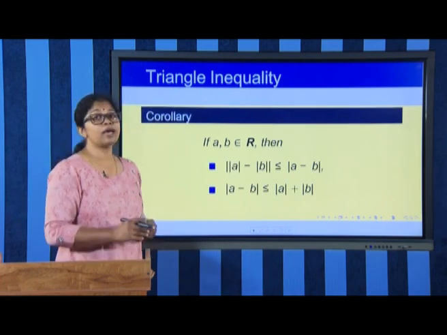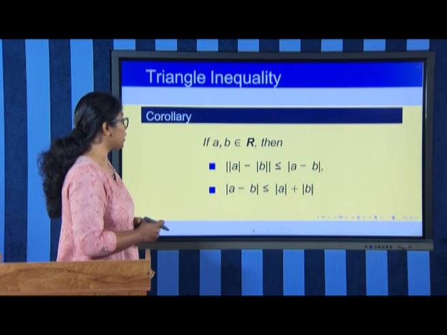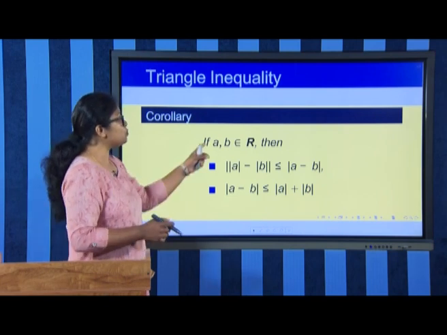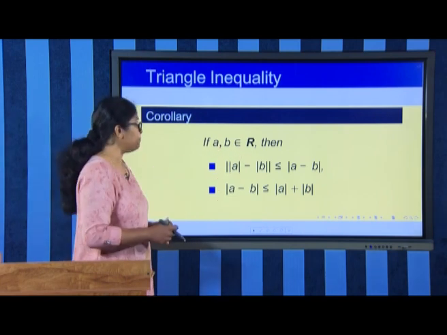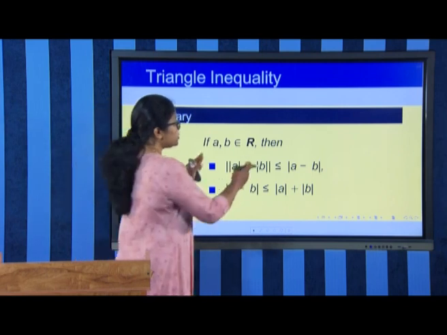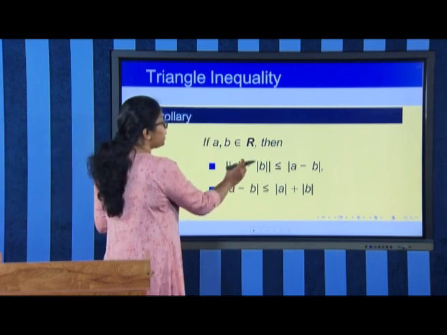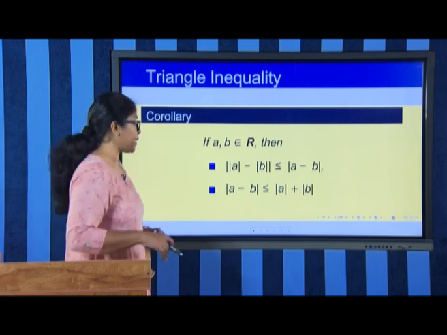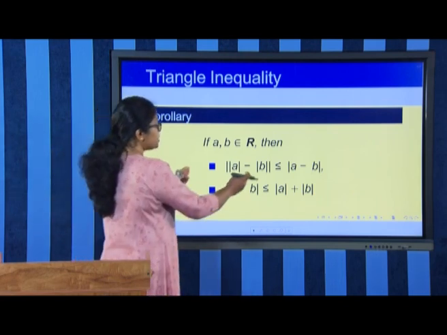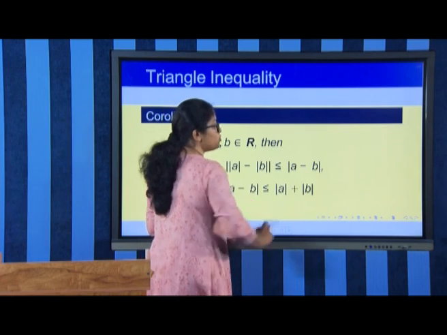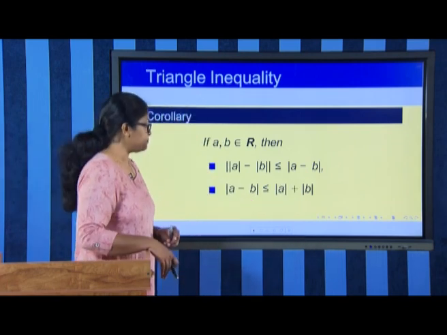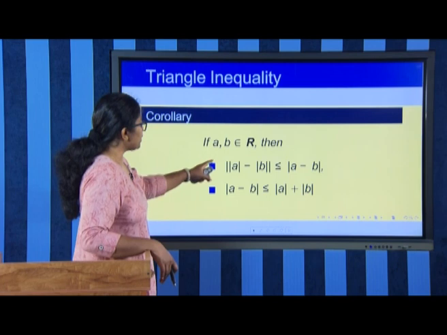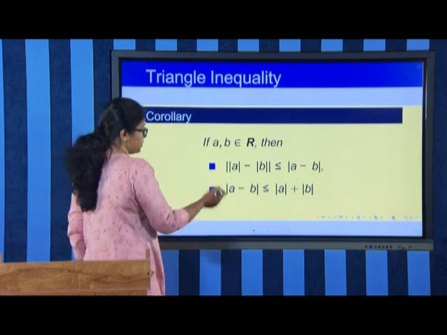Now, we can see a corollary of the triangle inequality where we have two real numbers a and b, then the absolute value of mod a minus mod b is less than or equal to modulus of a minus b, and modulus of a minus b is less than or equal to mod a plus mod b. So, let us look at the first result.